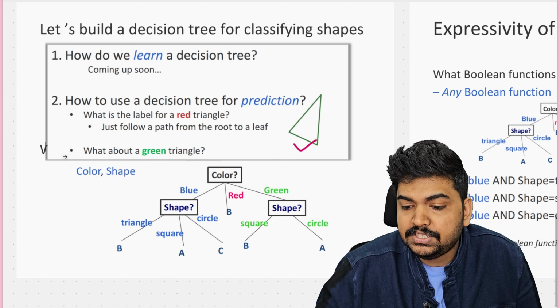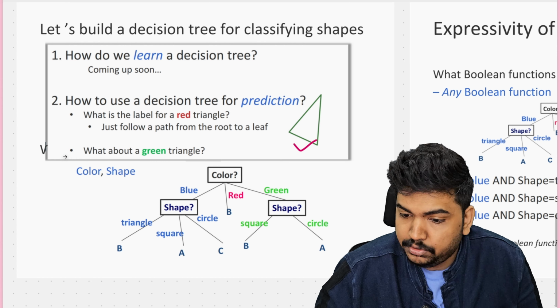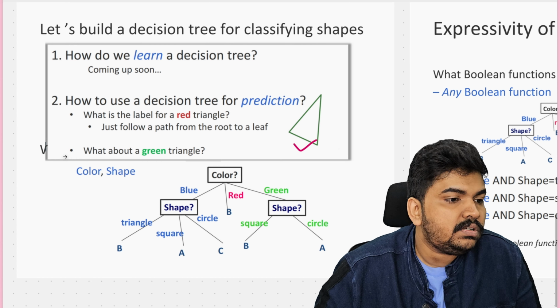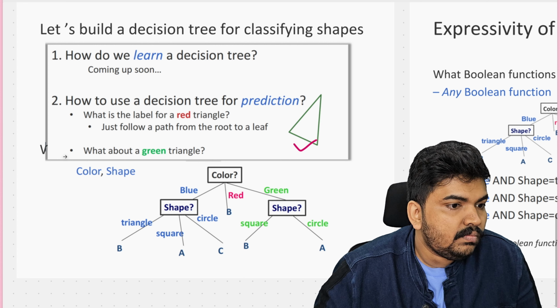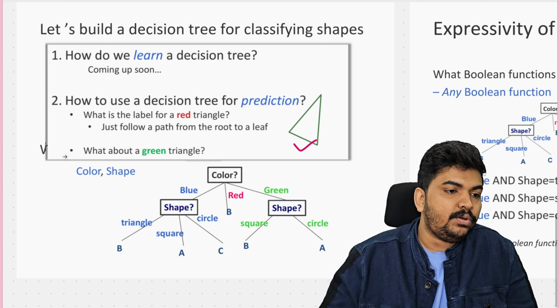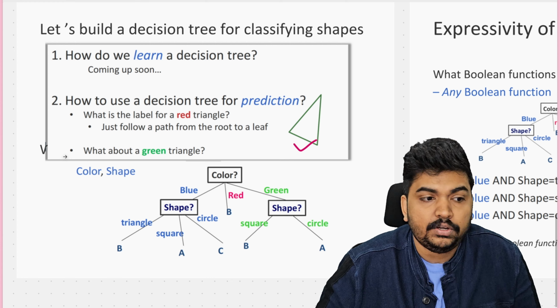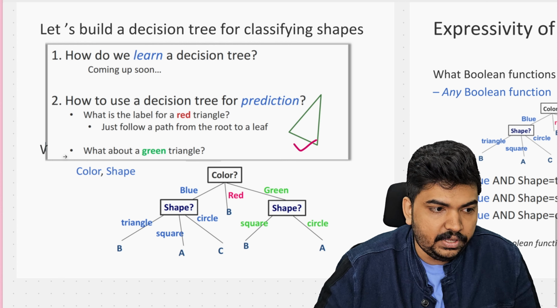But in the case of shape, it is a triangle, and for the path that starts with the color green, unfortunately, we don't have an edge that talks about the triangle. So basically we end up in a dead end, or rather on a non-terminal node or a non-leaf node with nowhere to go based on the feature value.